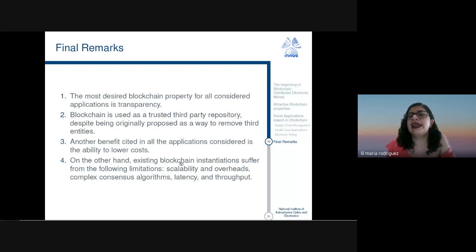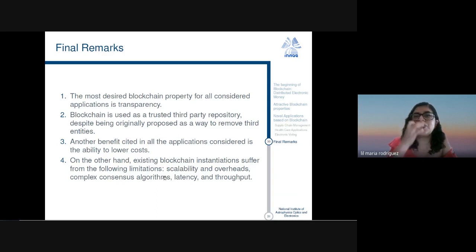One is scalability, which is being researched a lot. Also, how to work with the overheads, since we have complex consensus algorithms, like proof of work, that require a lot of resources. Latency and throughput and many others.